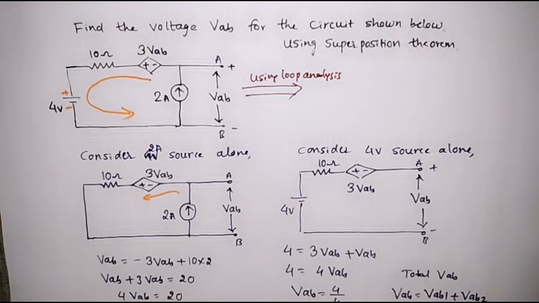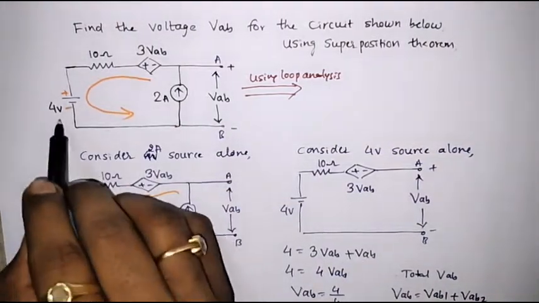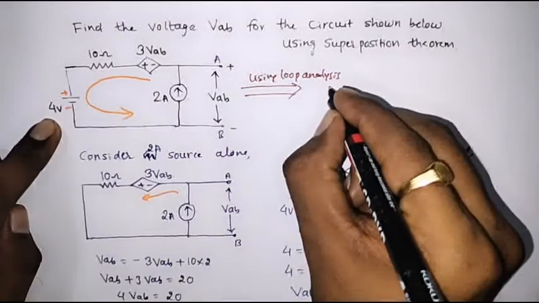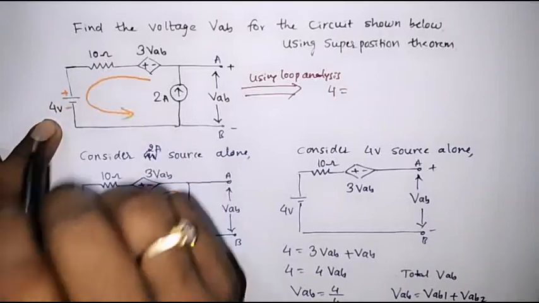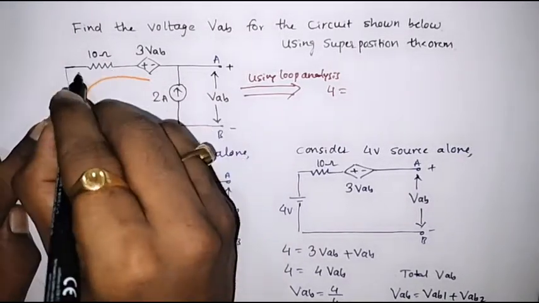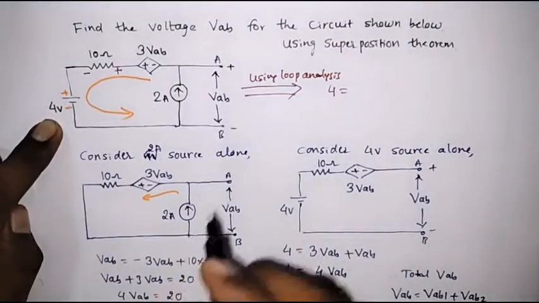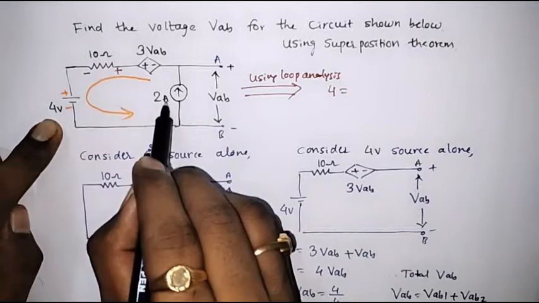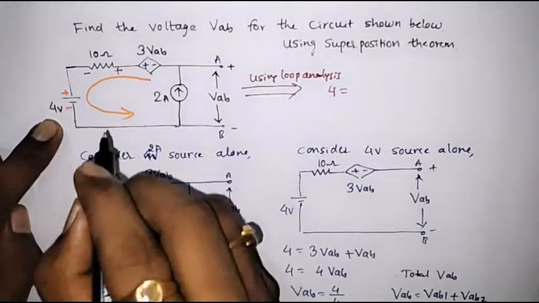Now I will apply KVL to this entire loop. Starting from 4 volt, I can write 4 is equal to the voltage drop across the 10 ohm resistor. As the current is flowing from this terminal to this terminal, it means this is the positive terminal, this is negative. So the voltage across 10 ohm is 2 amp times 10, because the entire 2 amp current is flowing in this loop.